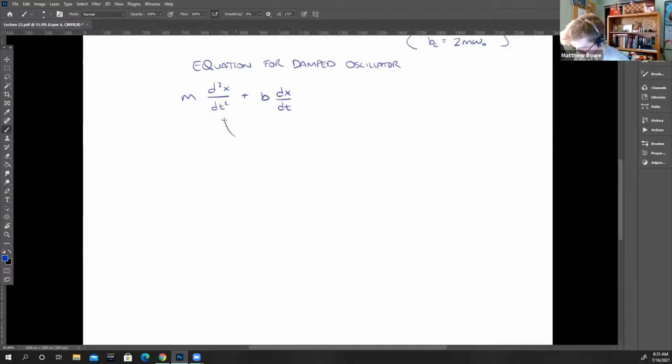So that's position, that's the second derivative of position, that's one derivative of position. You give it some disturbance in its position, and it's just trying to return to its natural state.